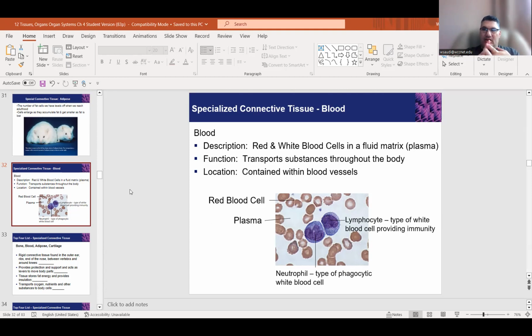Transport of hormones. If you want to send something from one spot to the other, it's blood. Here is the blood. Look at all these cells, and the plasma, which is the matrix, is the fluid part. Fluid and cells. This is what the blood is.